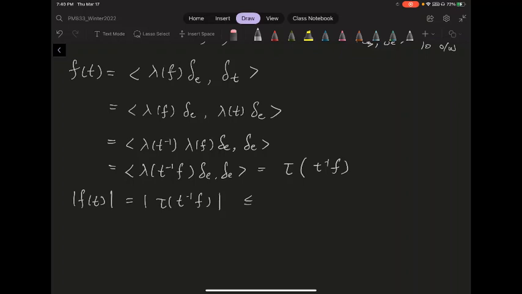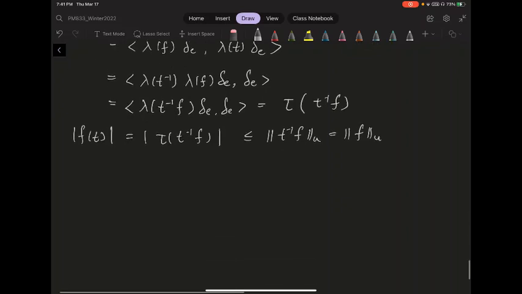And that's going to be less than or equal to the uniform norm, so the uniform norm of t inverse f, okay? Well, if you take a shift, the uniform norm doesn't really change, so that's clear. So this is just the uniform norm of f, okay? So in other words, what we can see is that my M of delta T is going to be a contraction, okay?